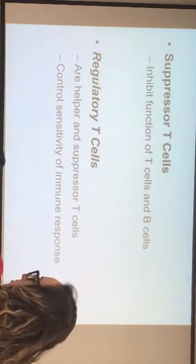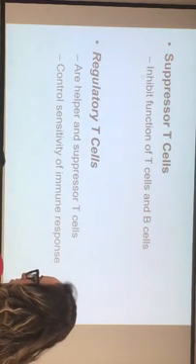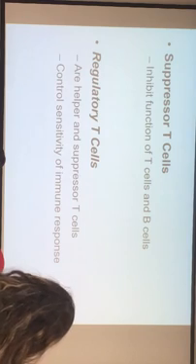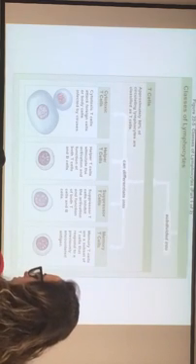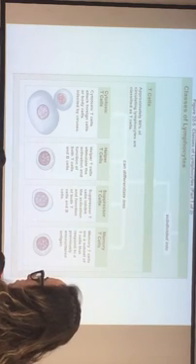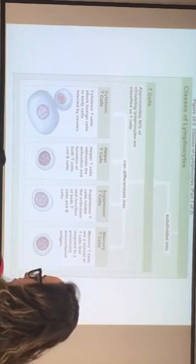Suppressor T cell is negative feedback, so sometimes we call it regulatory T cell, and that includes either turning on or turning off. They include helper T cell or suppressor T cell. And under the class microscope, we cannot tell what type of T cell it is.